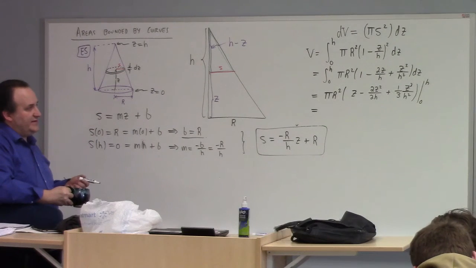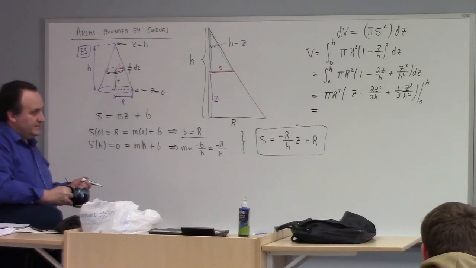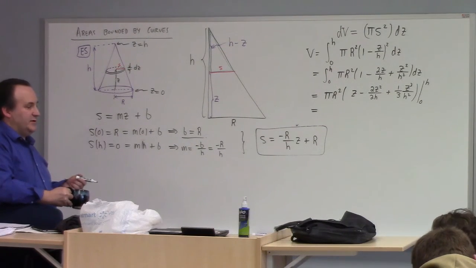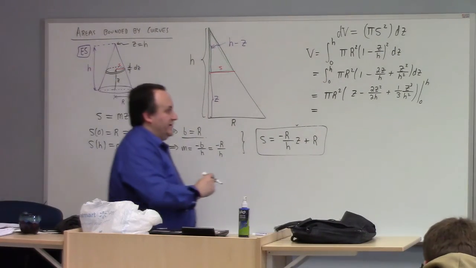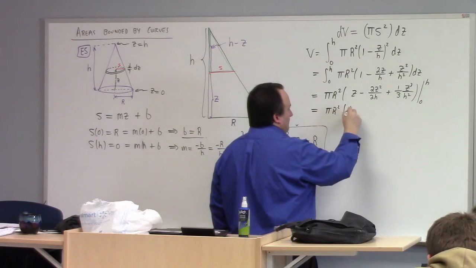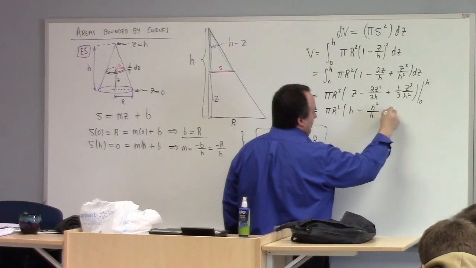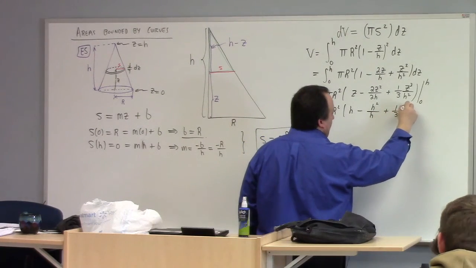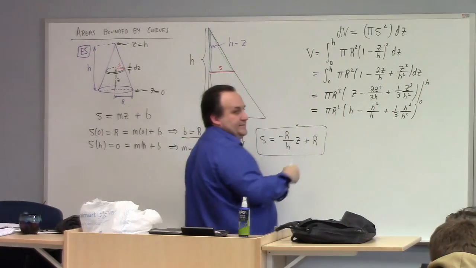And then if I plug in h, I get h minus h squared over h, right? Plus 1/3 of h cubed over h squared. I'll write it out. So these two guys cancel, right?